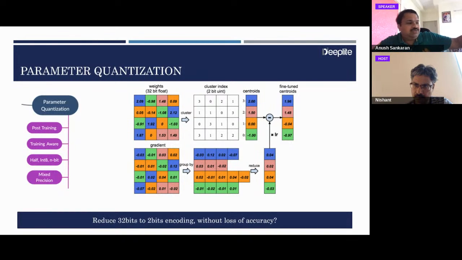In this 2-bit encoding, what we are saying is that instead of having 100 unique values, let me have only 4 unique values, and each weight value in that layer is one of these 4 values. So I need to store only 4 unique weight values, like it is shown here, and the kernel could basically be replaced with an index of this weight value. So that's the principle of quantization.